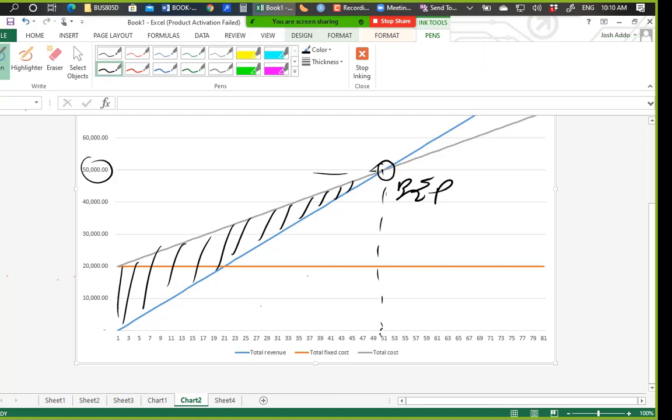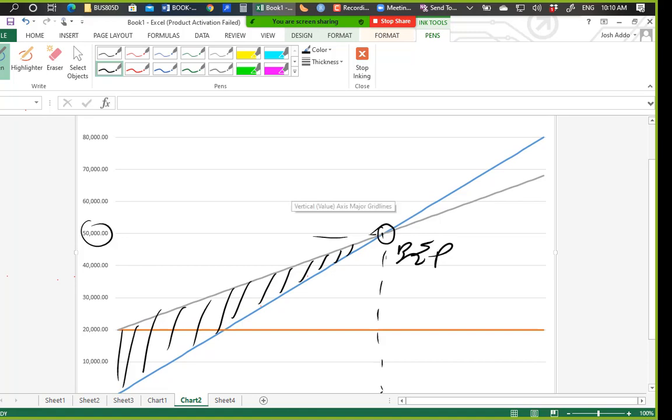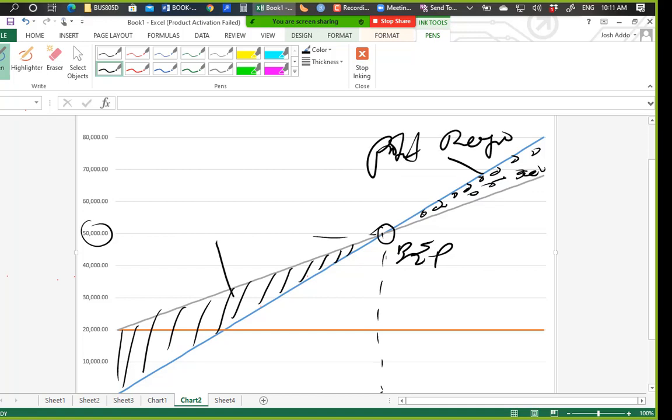In other words, the total cost curve is bigger than the total revenue curve, giving you a loss. But above, you will get profit, because total revenue curve is on top of the total cost curve. And this is the profit region. Profit region, this is loss region.